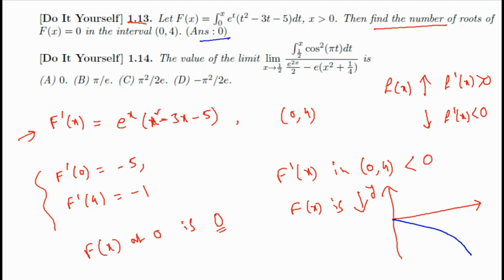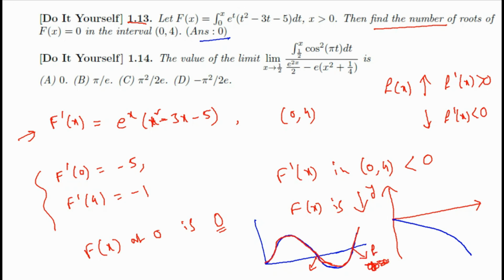In this context, I would like to add that if a function has a root, that means x equals 0, so it has to cut the x-axis. So suppose this is a function, and it cuts the x-axis at 2 points. That means at 2 points the function has, sorry, y equal to 0.